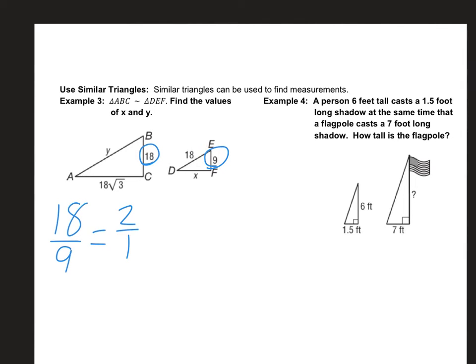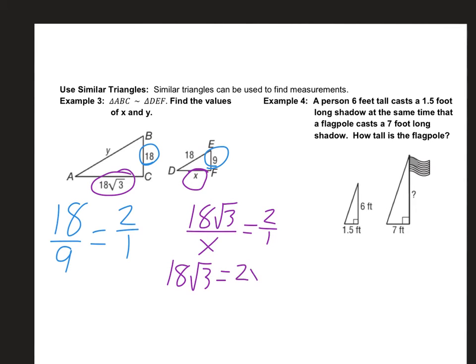We can therefore use that 2 over 1 to do our equations. So for x, 18 root 3 to x must have the same ratio as 2 to 1. Do our cross multiplication: 18 root 3 equals 2x. Divide both sides by 2. 9 root 3 is equal to x.